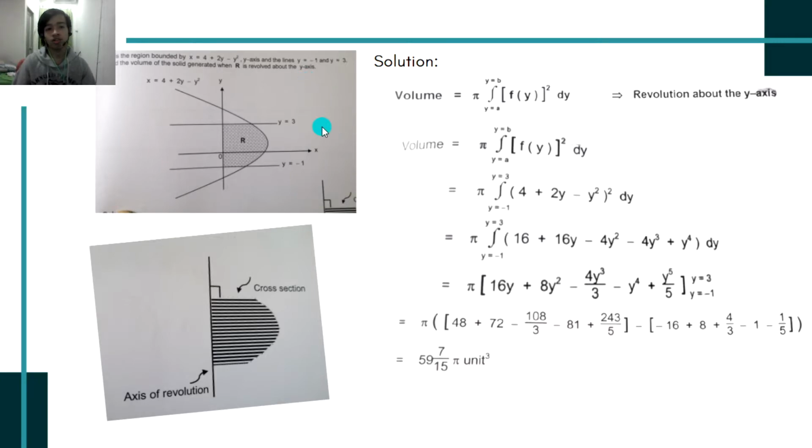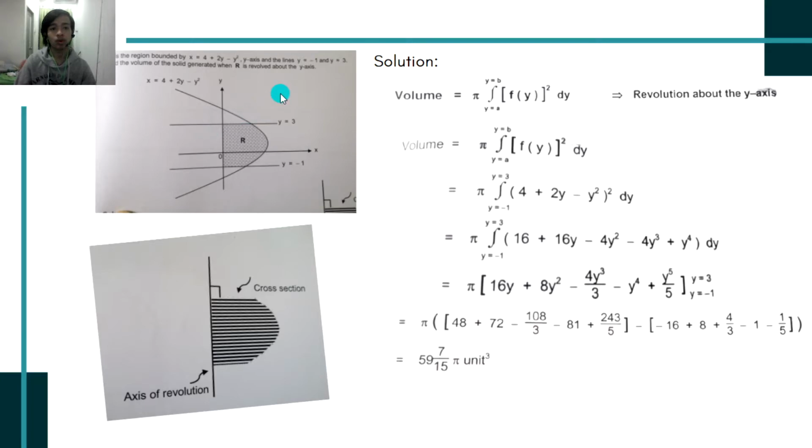So when answering questions for volume, some important parts of the question that we must know is where the shaded area is revolving. So here, based on the question, it is revolving about the y-axis. So it's revolving in this cylindrical way.